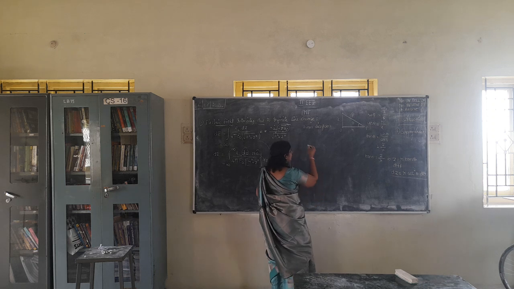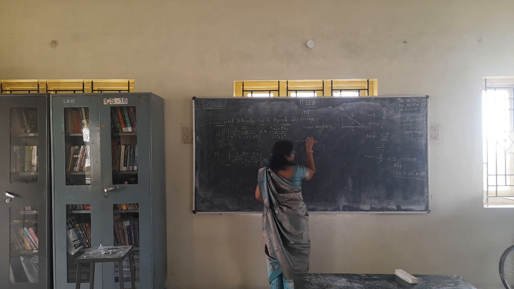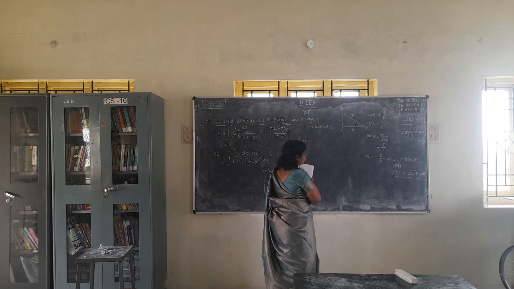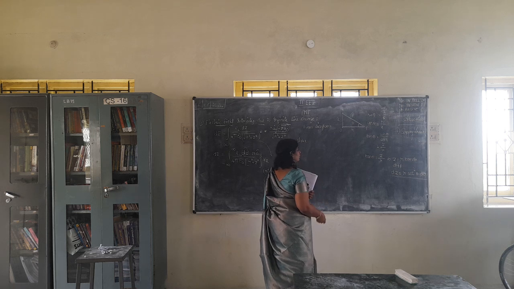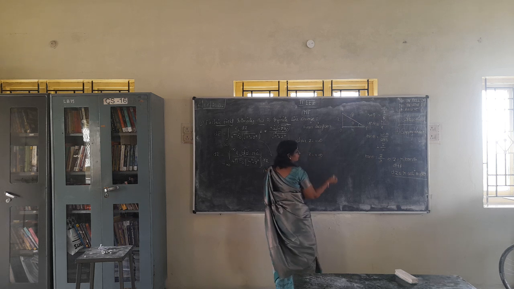Then use your limits. When z is equal to minus infinity, find theta. Similarly, when z is equal to plus infinity.